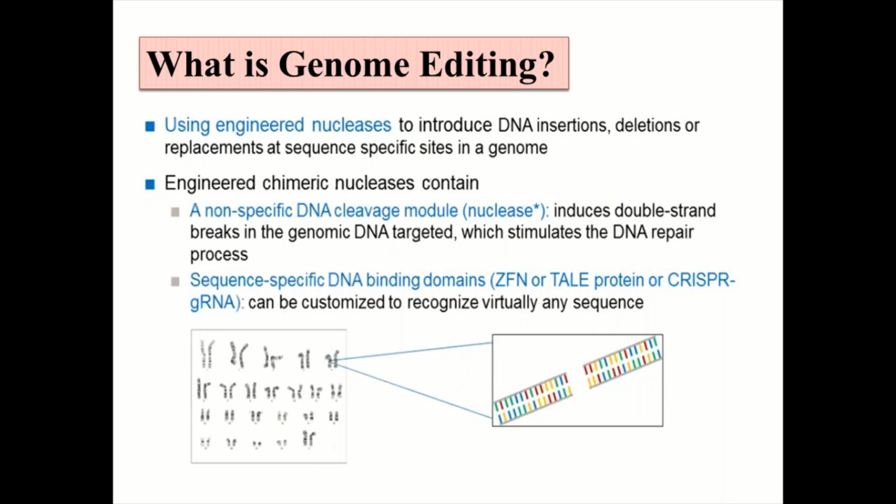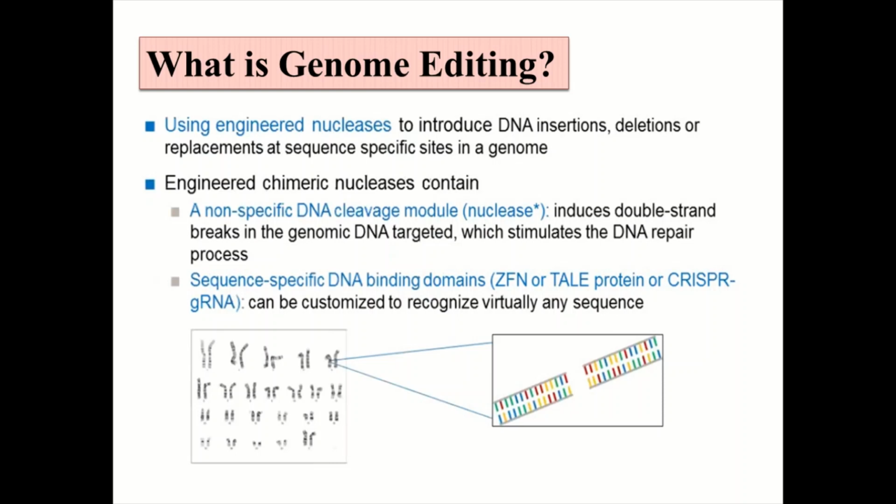Firstly, let's talk about what genome editing is. Genome editing is the use of engineered nuclease to introduce, insert, or replace a gene at a targeted genomic location. Such engineered nucleases typically comprise two elements.